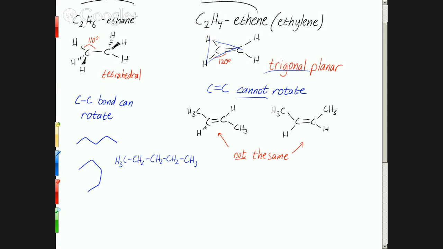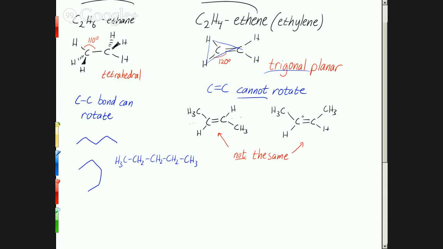In this case, you can see the hydrogens are sort of opposite each other. If we draw an imaginary line through the middle, you can see the hydrogens are on opposite sides. Now, if we could just twist that over, we would get this, and they'd be on the same side.